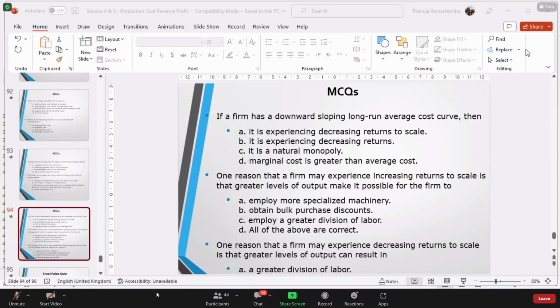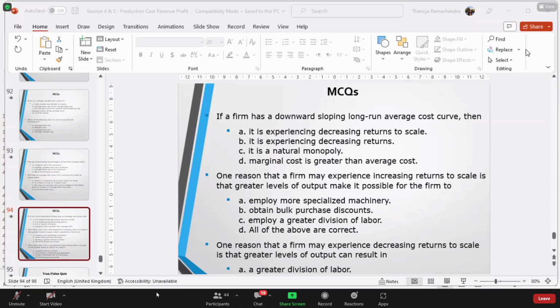What is the difference between decreasing returns? It is a natural monopoly. Natural monopoly. Marginal cost is greater than the average cost. Marginal cost is greater than the average. No, that is also a wrong answer.